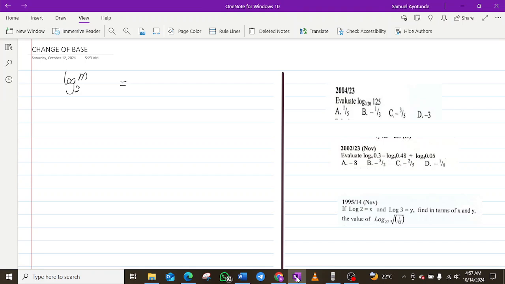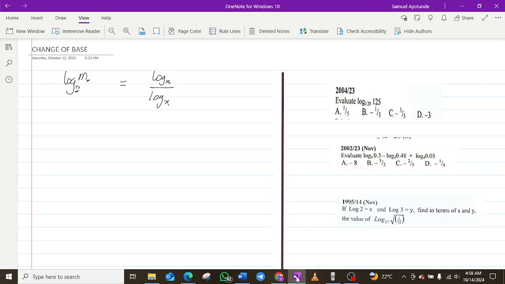Let's say I'm using base x. I will write log base x in the numerator, and then log base x in the denominator. So I've written the two bases I'm using now instead of the previous base, which is n. Now, m here is the argument.